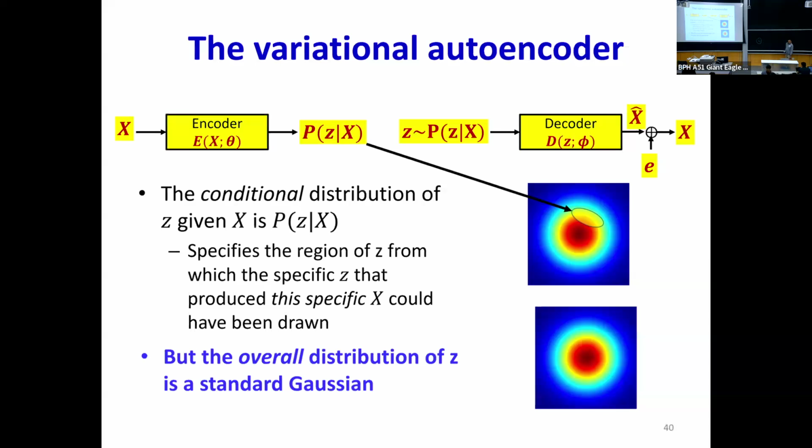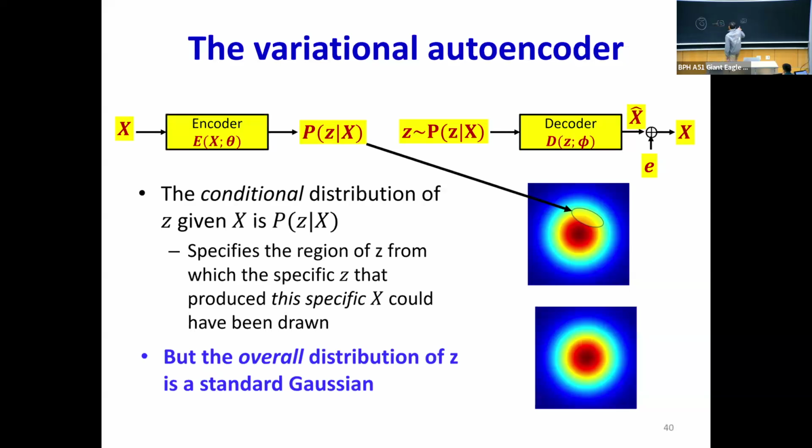If I pick any Z from this and I pass it through my decoder, it's going to generate faces and so on. But then if I consider any one face over here, this face could only have come from Z's in this region. Z's from other regions will generate other kinds of faces.